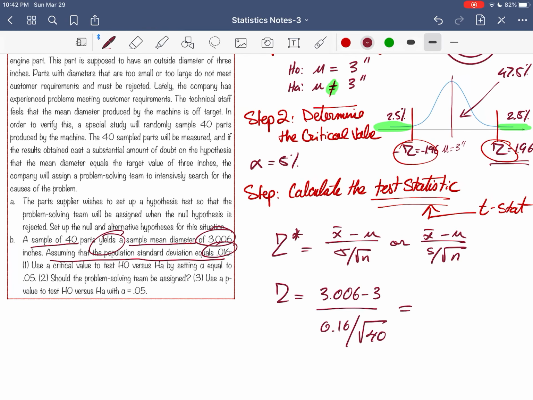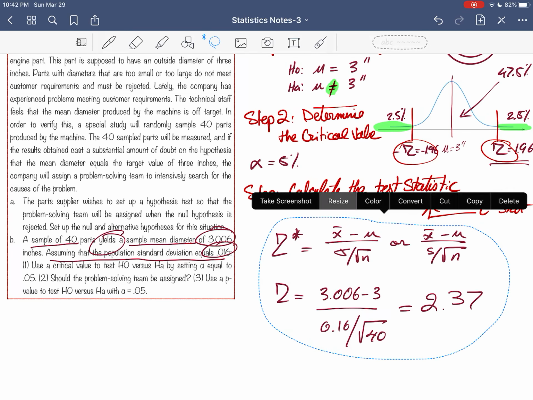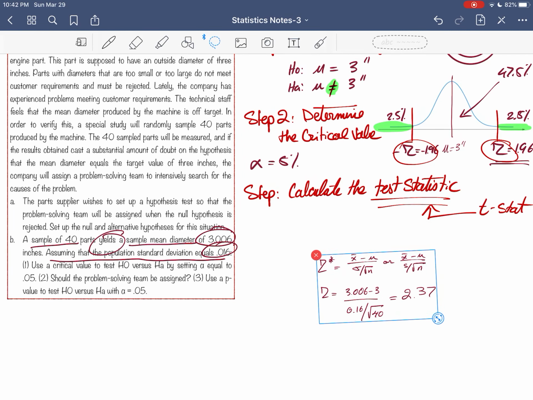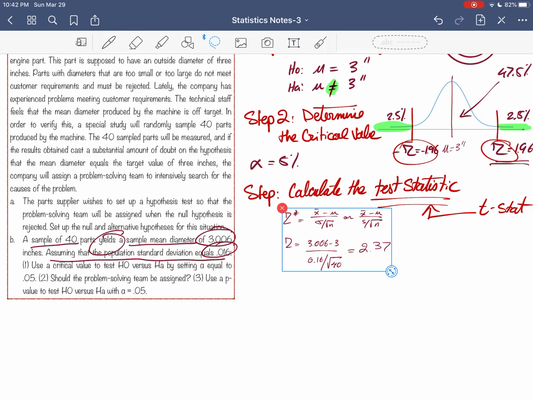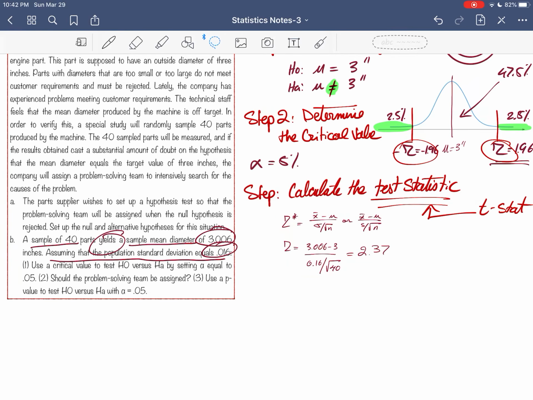Solving for that, you get a value of 2.37. Let me just make this a little smaller so that everything fits in nicely. Just put that right there. Perfect. And so now we've calculated the test statistic.